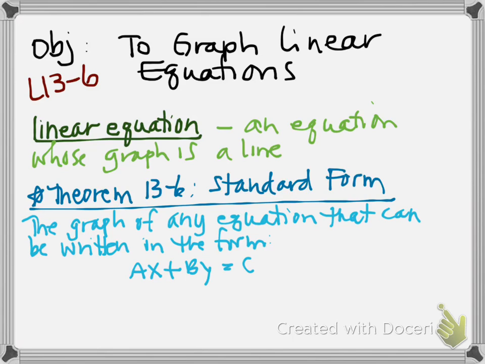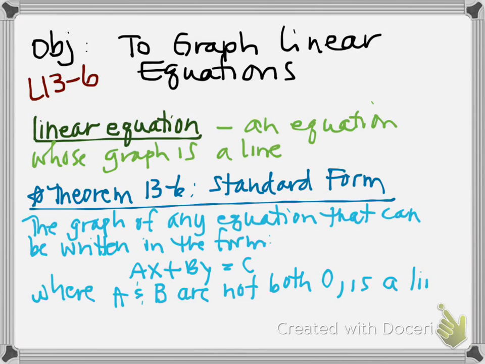We have coefficients a, b, and c show up multiple times in math. And then they give you a stipulation about that a, b, and c, where a and b are not both 0, and then is a line. So this is the weirdest thing. The graph is a line of this equation that's in this format.